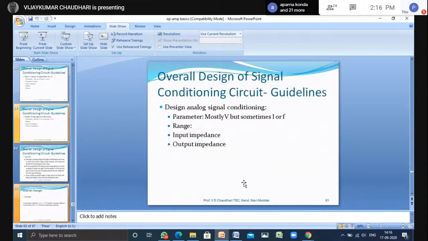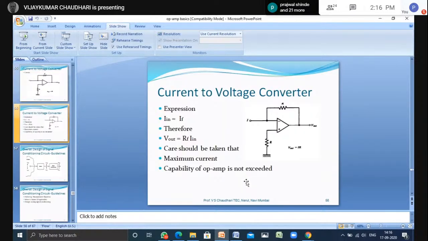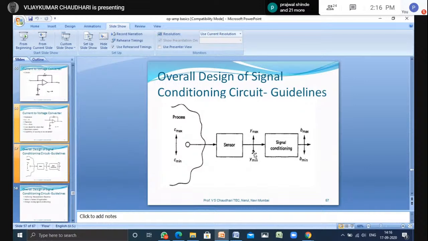Going to the figure here, minus 2.4 and minus 1.1 are given, whereas this is 0 and 2.5. This part is not specified actually, and similarly this part is also not specified. Only the signal conditioning circuit part is to be designed.